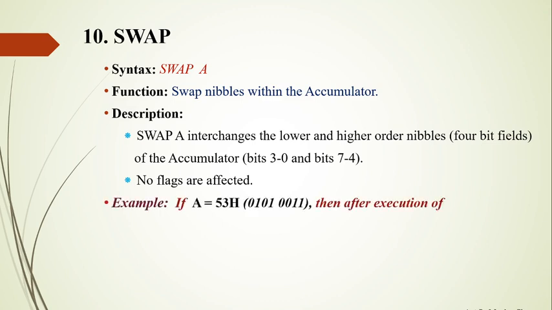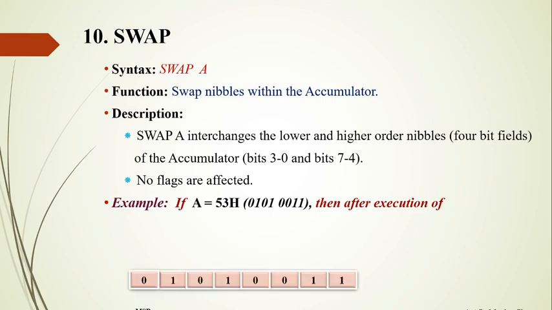If A equal to 53H, that is 01010011, then after execution of the instruction swap A, what will happen? So here content of accumulator is 53H, that is 01010011. So after execution of the instruction swap A, here this lower nibble will shift to upper nibble and this upper nibble, that is 0101, will shift to lower nibble.